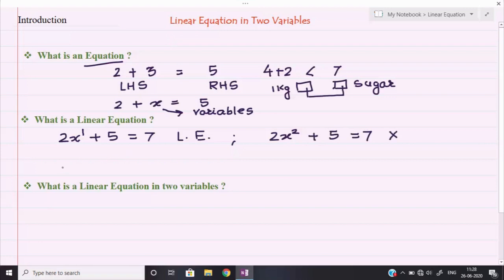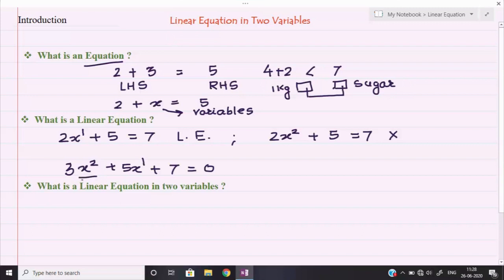Okay, suppose I write down the equation here, 3x square plus 5x plus 7 is equal to 0. So tell me, is it a linear equation? You may have one confusion. Here one variable is coming with the power 1. We can say here x has power 1, so we can say it is a linear equation. But remember, you have to check each and every variable.